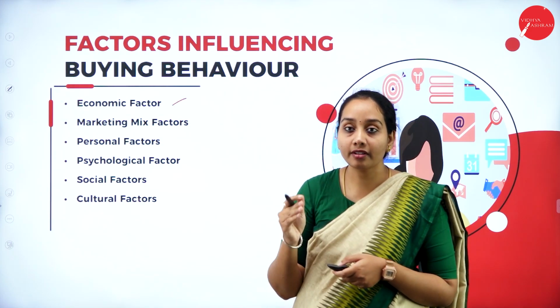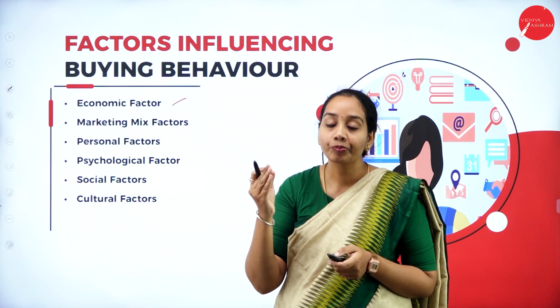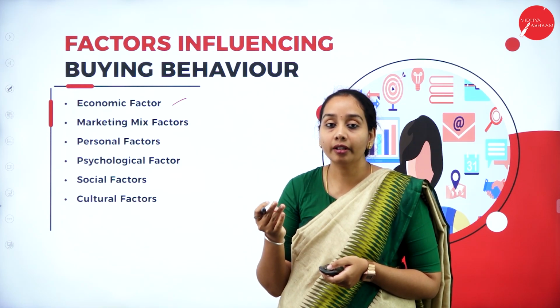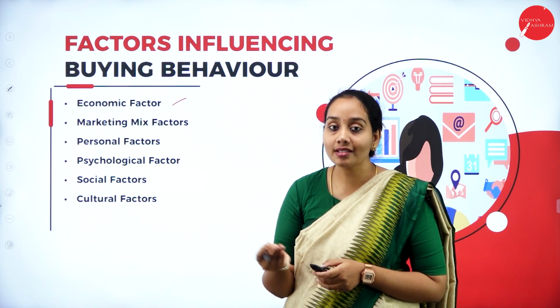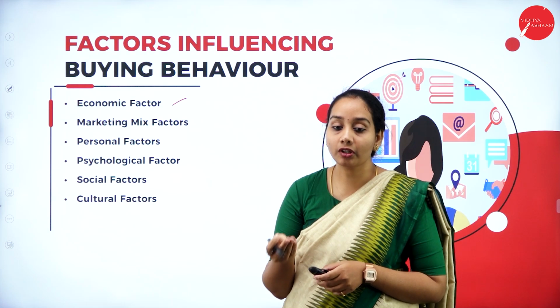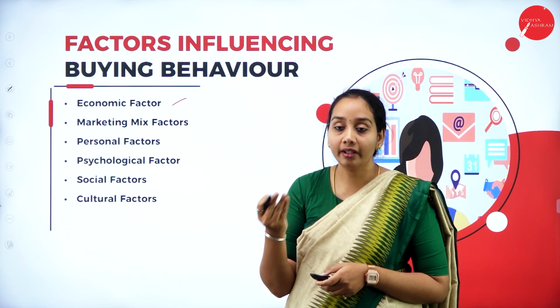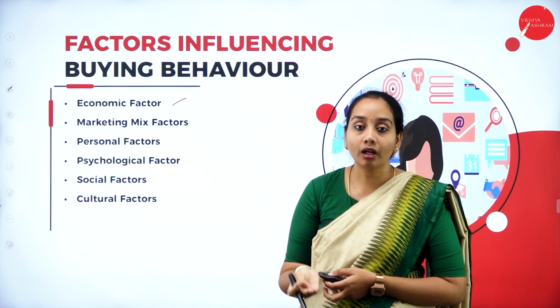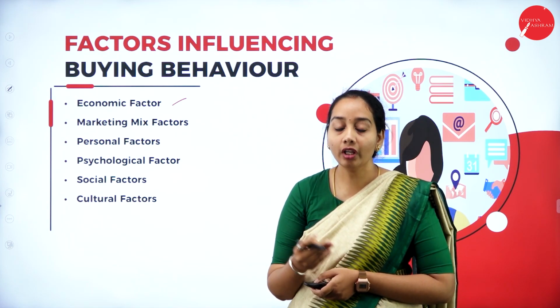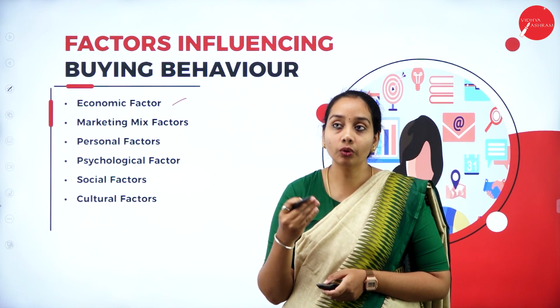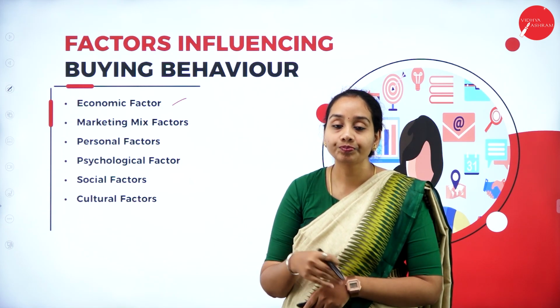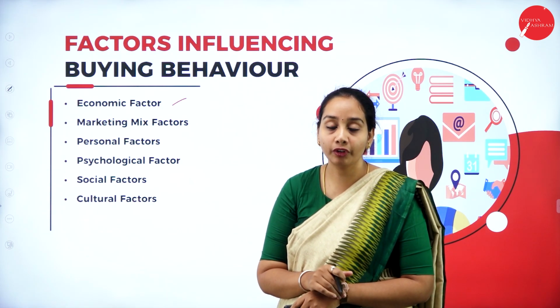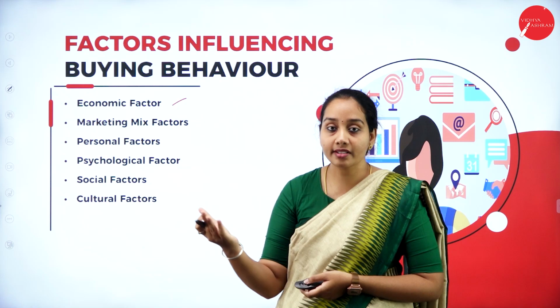Economic factors are the income factors and purchasing power factors. These are the most important factors, because based upon your credibility and your purchasing power, you are going to buy a moped or a bike. Say, for example, you are a student joining a college for a degree, first year or second year.